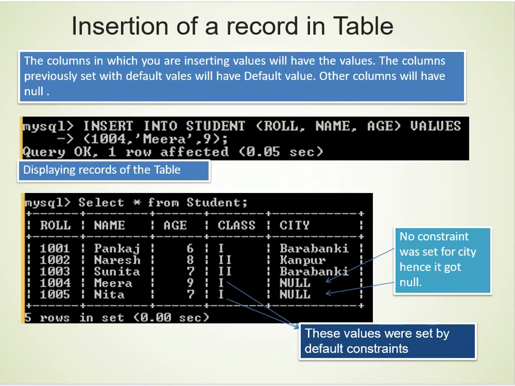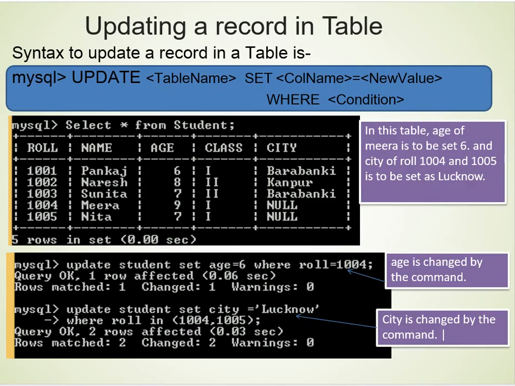Now we will move to the next thing: update a record in a table. Now update: if you want to modify any record that exists in the table, if you make some changes, then you can use the update command. So let's see the syntax of update record.